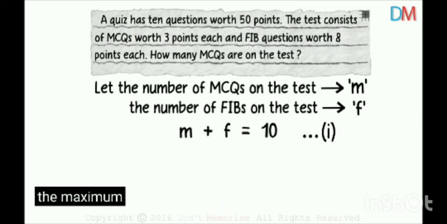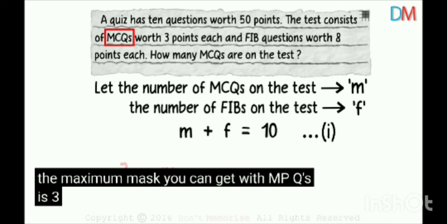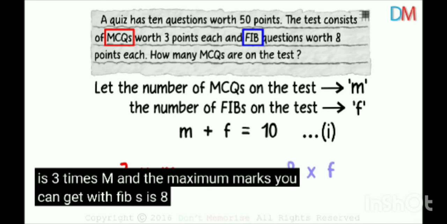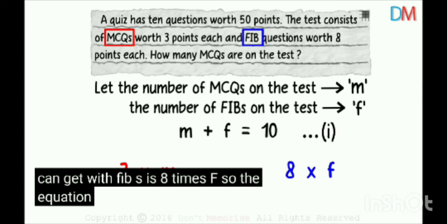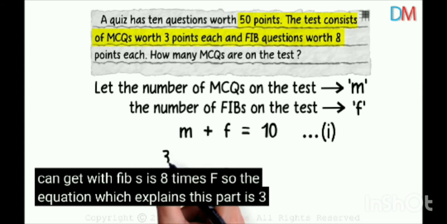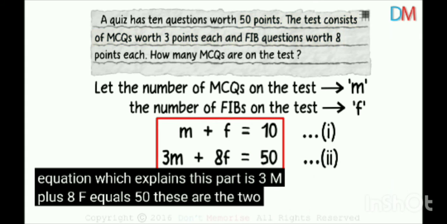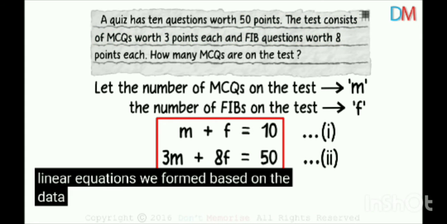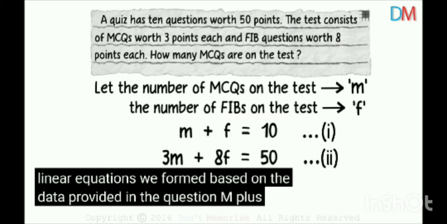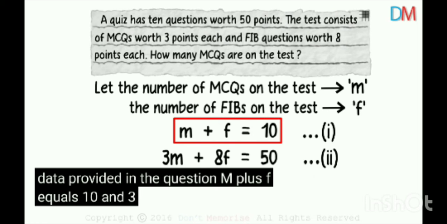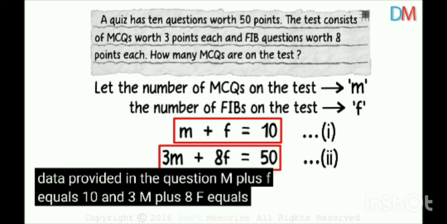The maximum marks you can get with MCQs is 3 times M, and the maximum marks you can get with FIBs is 8 times F. So the equation which explains this part is 3M plus 8F equals 50. These are the two linear equations we formed based on the data provided in the question: M plus F equals 10 and 3M plus 8F equals 50.